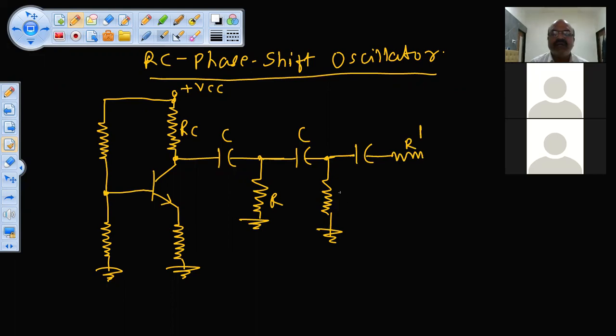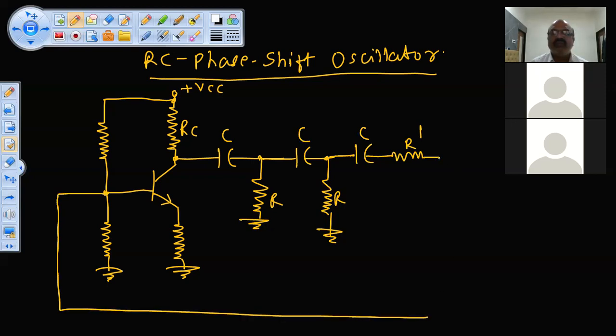This is R and this is R, this is C, C, C, and this is given back to the input here. This is given back to the input.